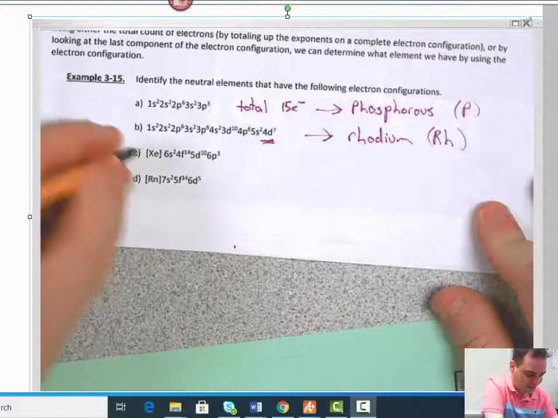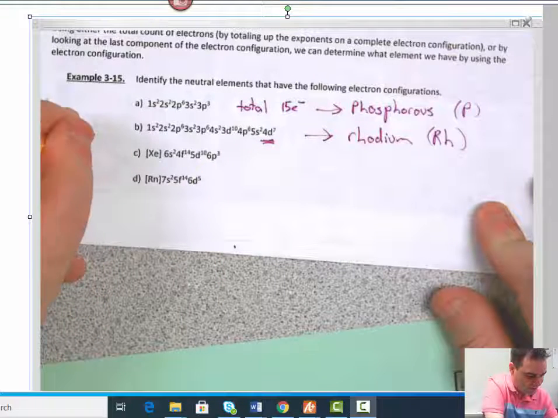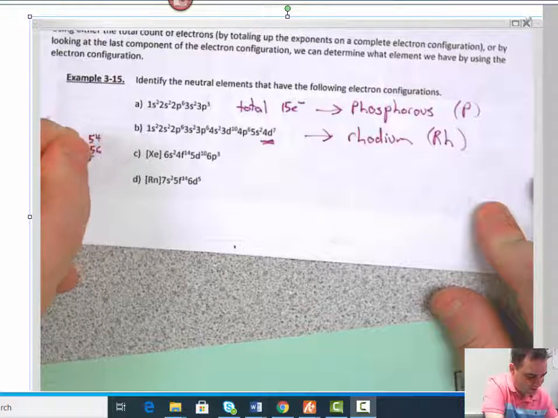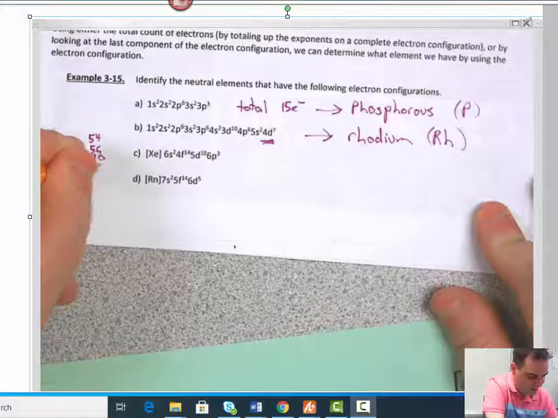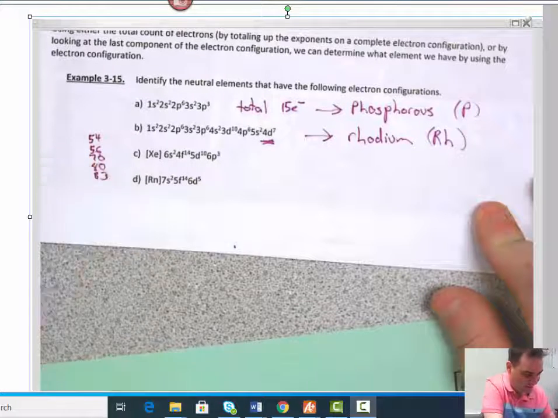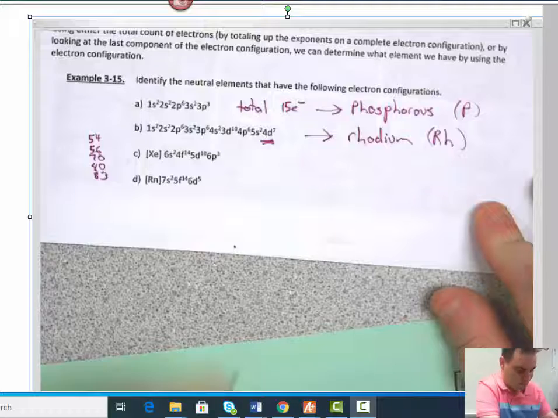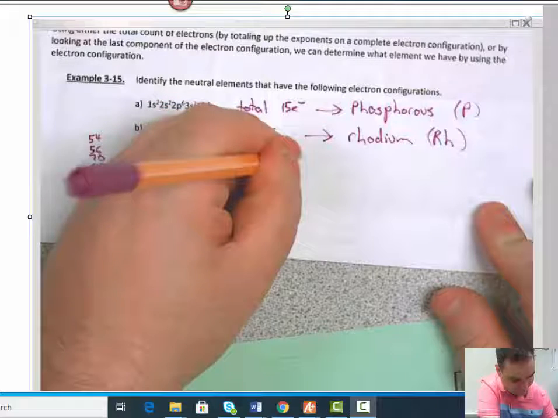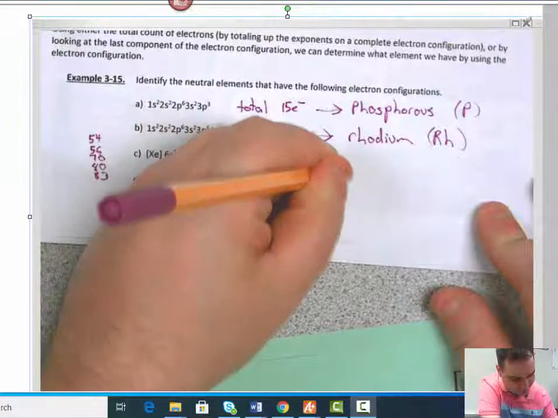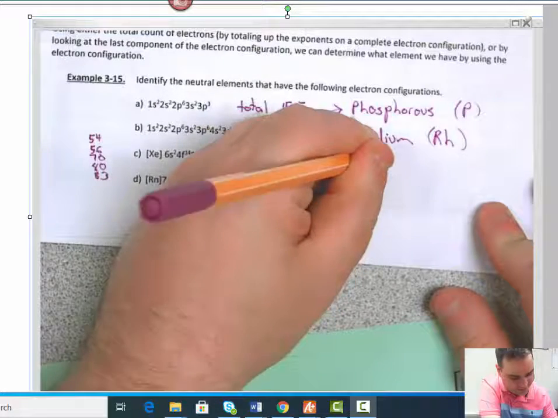Okay, so this one here, we can total them up again here. So we have 54, 56, 70, 80, 83. Element number 83 is bismuth, which is Bi.